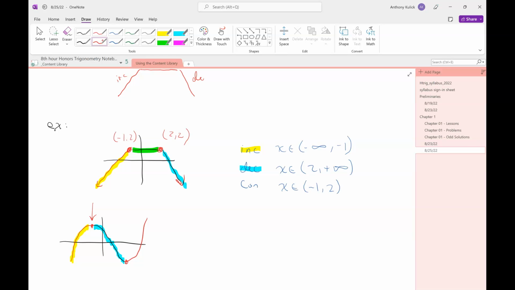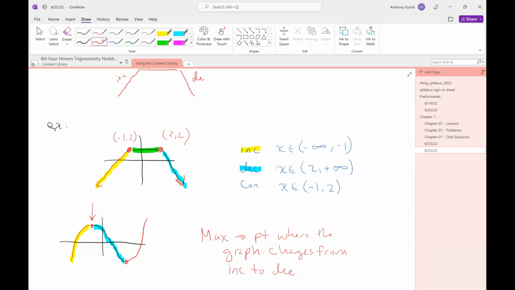It's a maximum. Everybody's happy with that?